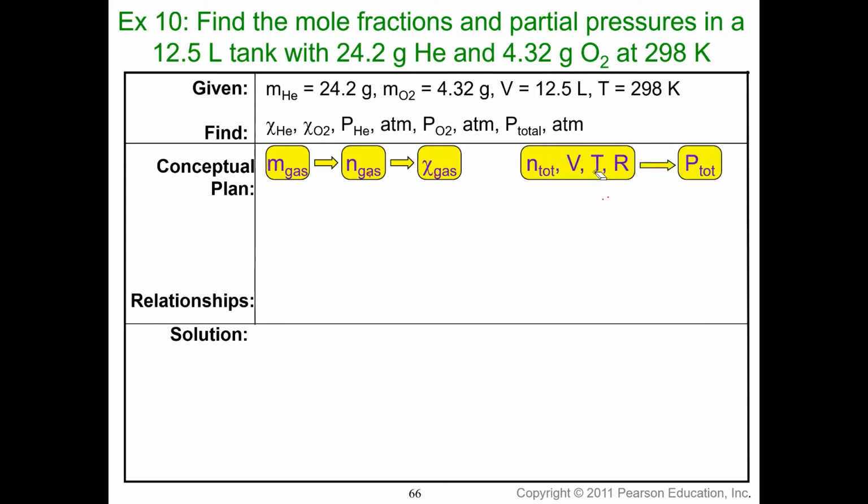And once you get the total moles, we can find the total pressure using the ideal gas law. So the very first step, we find the total moles. Now, if you have the total pressure and the mole fraction, remember, if you multiply them, then you get the partial pressure.